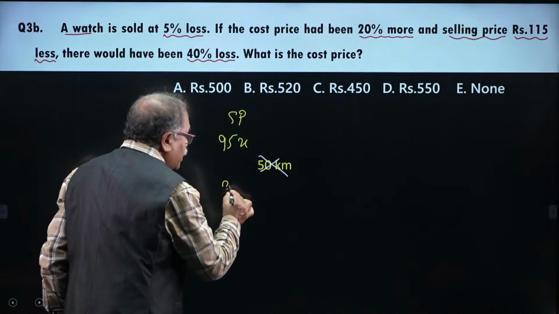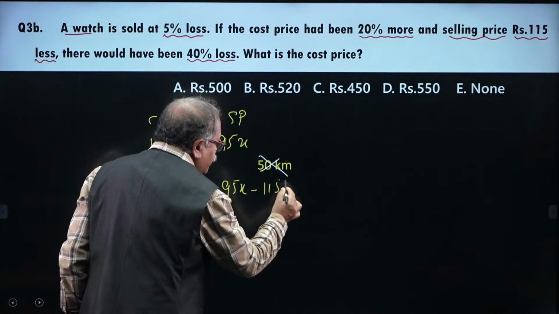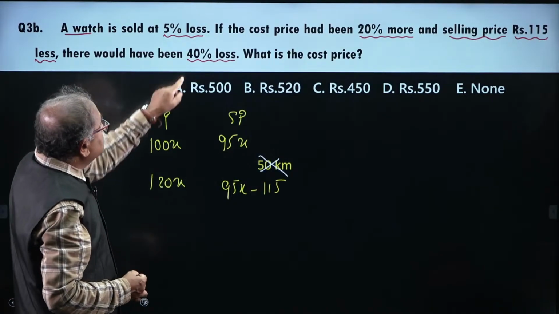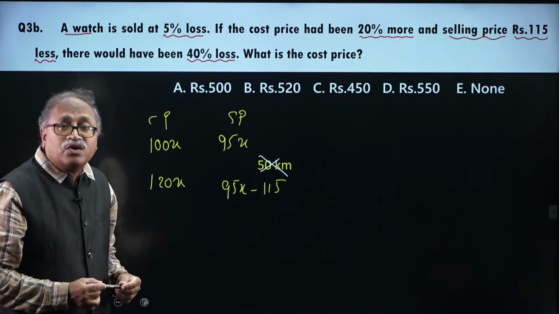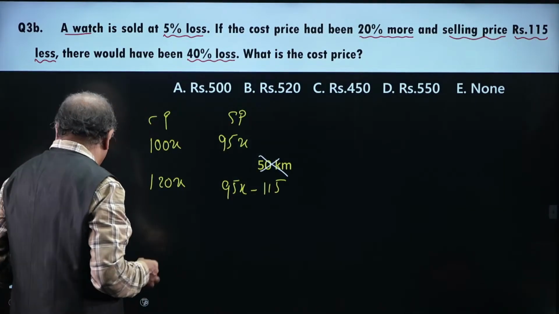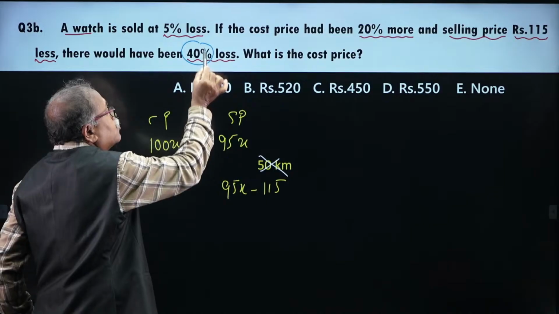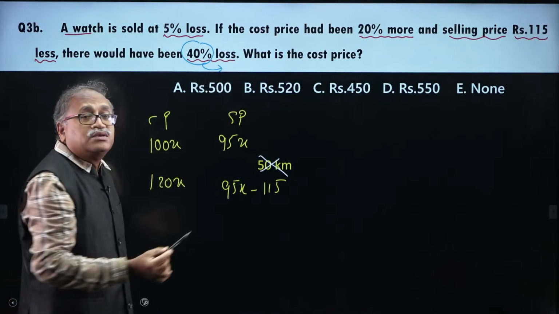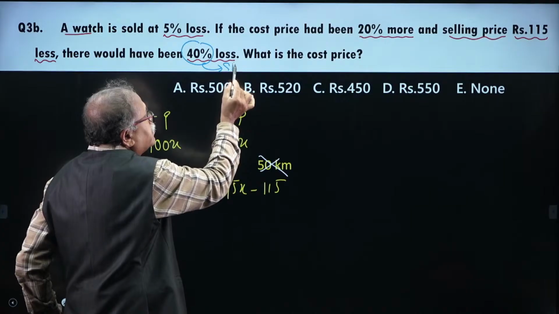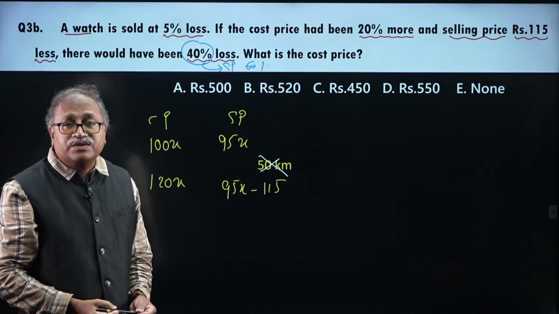So, 95x minus 115 is the selling price. In that case, there will be a loss of 40%. If there is a loss of 40%, I want to bring it to your notice that the selling price will be 100 minus 40, that is 60% of the cost price.